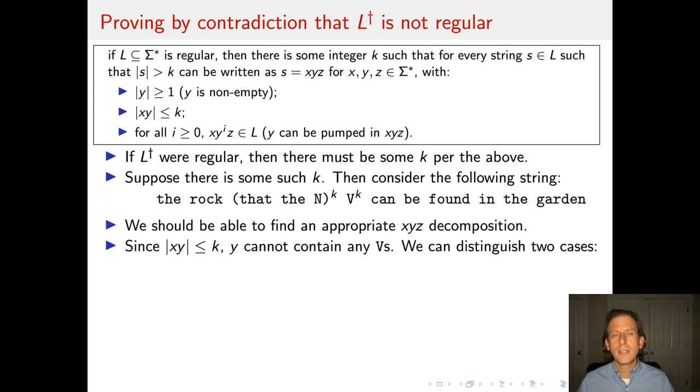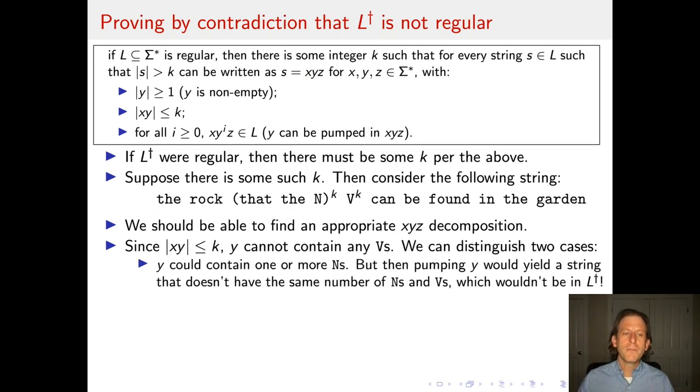So now let's distinguish two cases. It's possible that there's at least one n in y. You'll notice that in this case, the fifth symbol in the string is going to be an n. So if n is long enough, there's plenty of room for many values of k for y to include some n's.